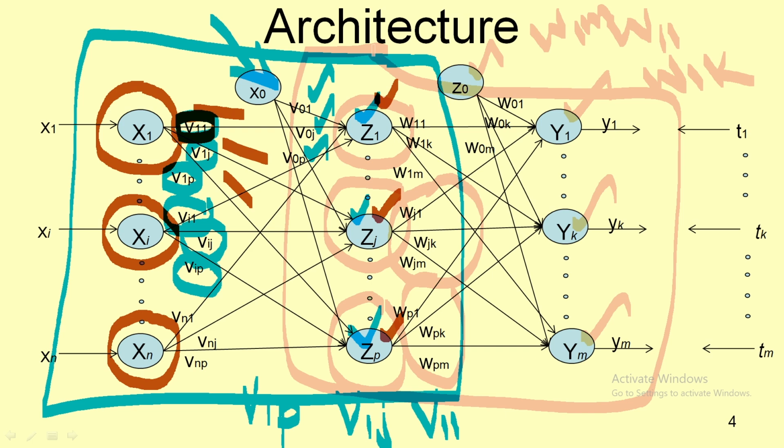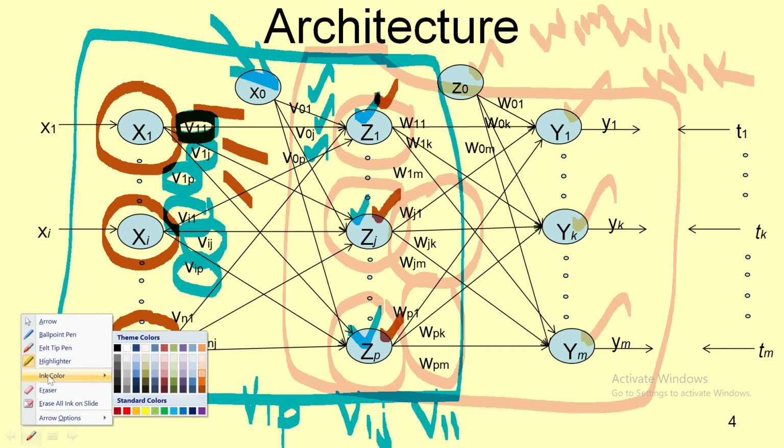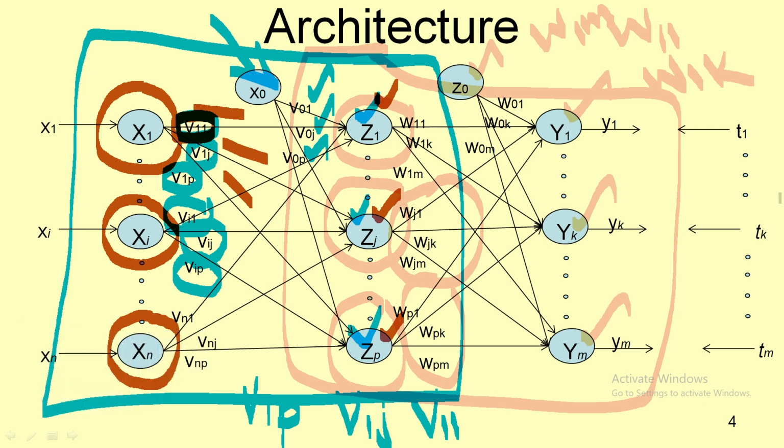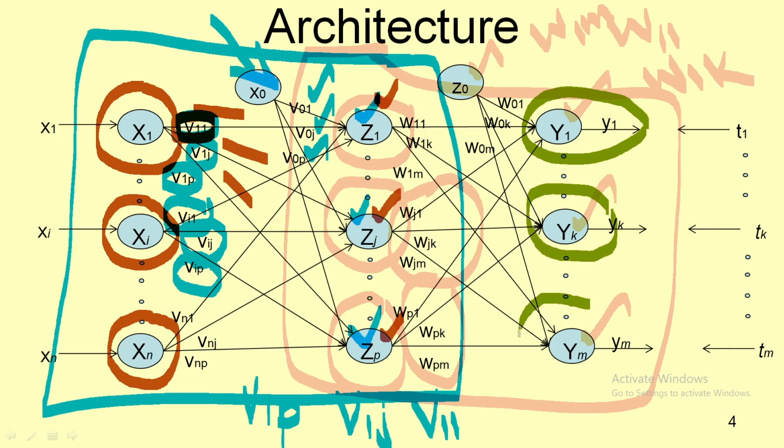Let me go into the third phase, for which I will use a different pen color in order to differentiate. So I will use this green color, right? In the output layer you have the y1 node, yk node as well as ym node, up to ym. That means m number of nodes are there in the output layer.